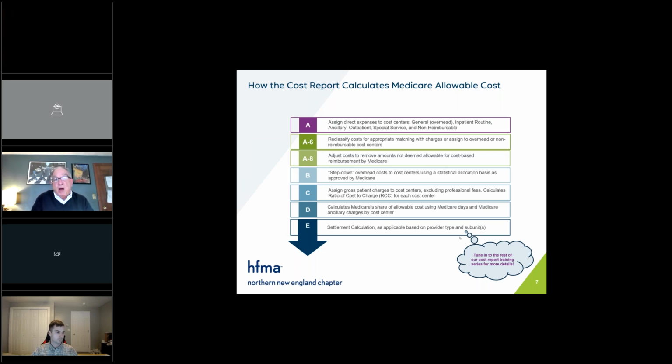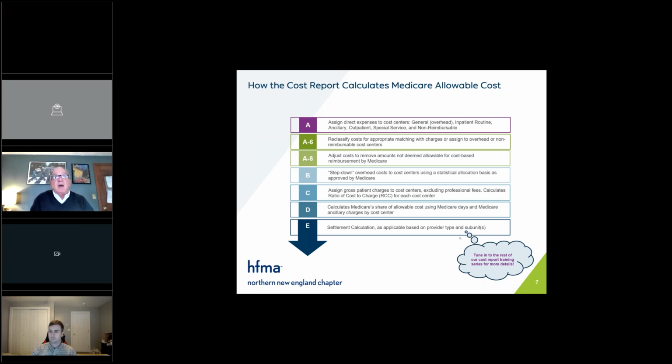The government is paying hospitals to provide services to Medicare patients. And at the end of the year, hopefully you either were underpaid or you might have been overpaid and you owe. So it's just comparing your Medicare cost or your Medicare PPS reimbursement to what you actually paid.